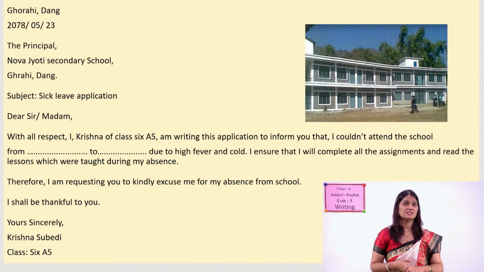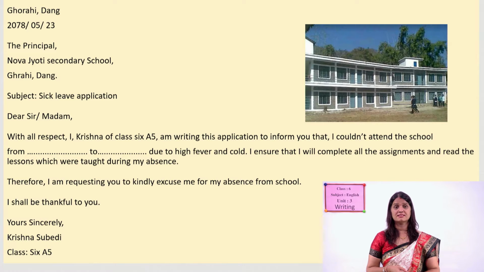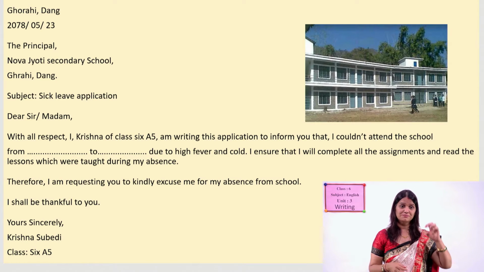It's similar, but in different ways also we can write a sick leave application. Gorai Dang, 2078, 5th, 23. The Principal, Navajoti Secondary School, Gorai Dang. Subject: sick leave application. Dear sir or madam, with all respect, I, Krishna of class 6A5, am writing this application to inform you that I couldn't attend school from this date to this date due to high fever and cold.